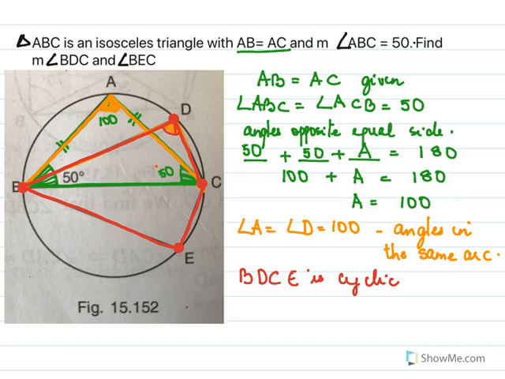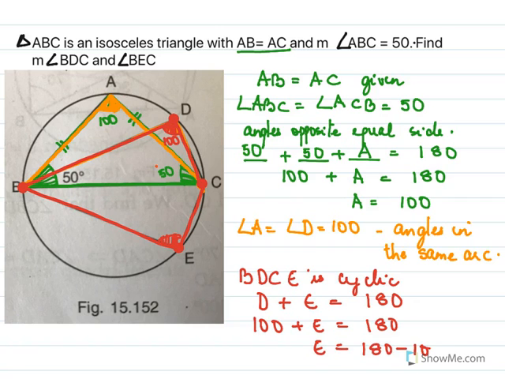So opposite angles will be 180. Angle D plus angle E will be 180. D plus E is 180. But we know D is 100. We have found out earlier. So 100 plus E equal to 180. So E is 180 minus 100. E equal to 80.